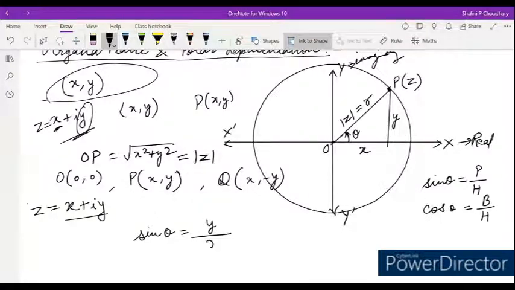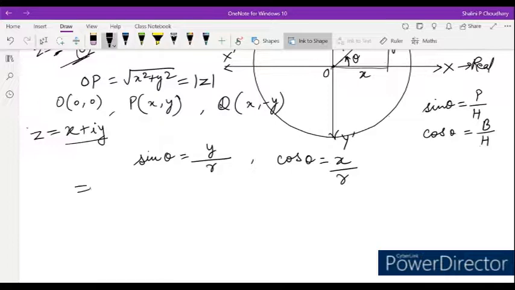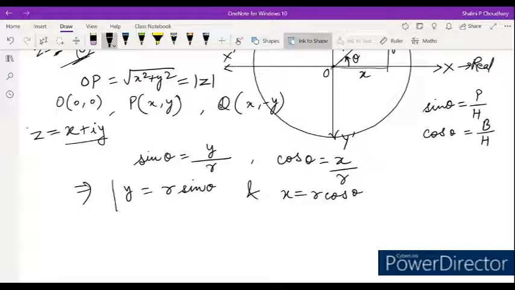Similarly, cos theta is equal to base, which is x, divided by hypotenuse r. So we can write y is equal to r sin theta and x is equal to r cos theta. This is the polar representation of a complex number.